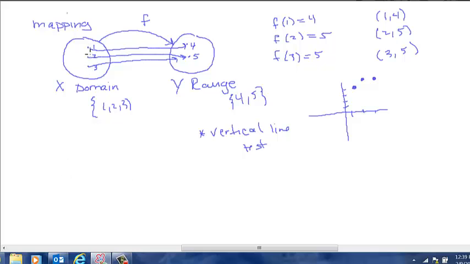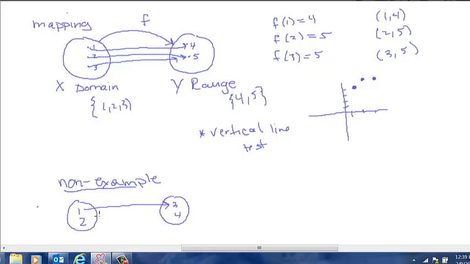Again, each element is mapped to exactly one element in the range. So let me give you a non-example. So a non-example of a function would be if I have, let's say we have 1 and 2, and then 3 and 4. So if 1 is mapped to 3 and 1 is mapped to 4, that's what can't happen.